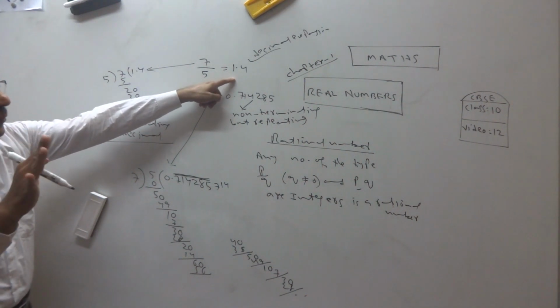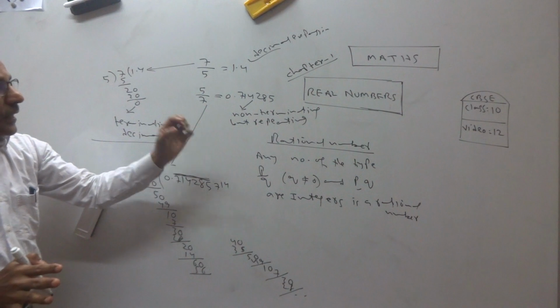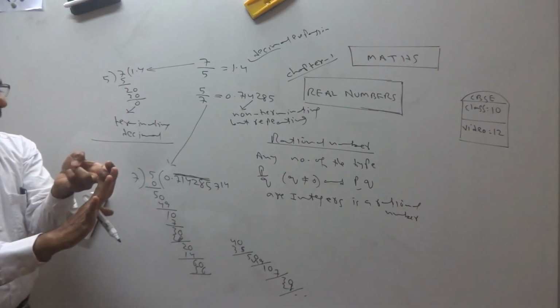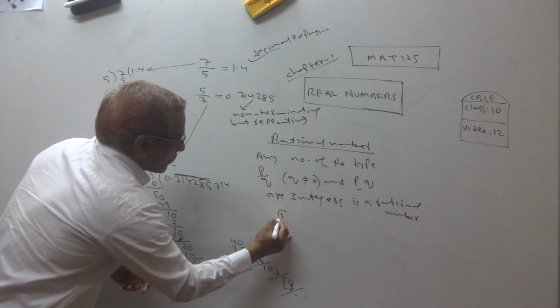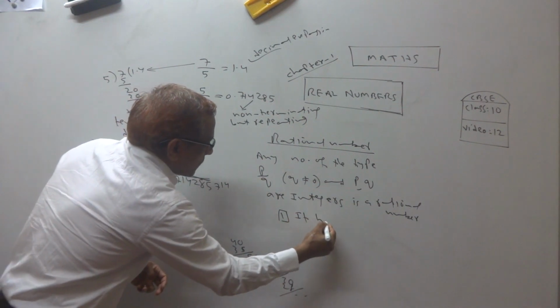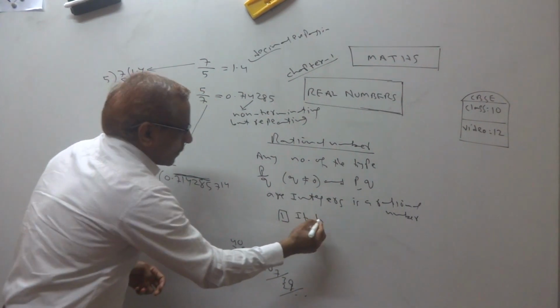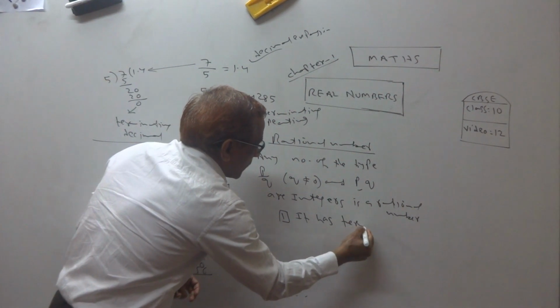So this knowledge you must have. A rational number is of two types. First, it has a terminating decimal.